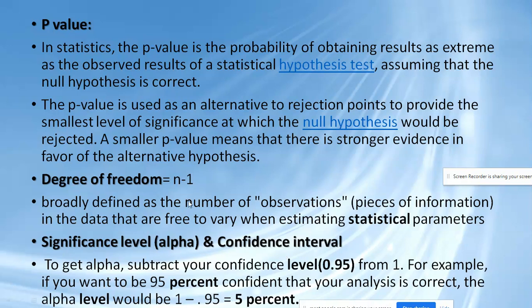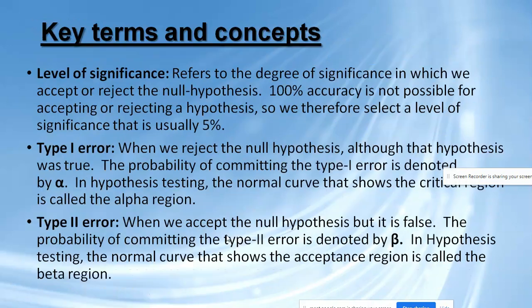See, all these terms that I am explaining are important in order to understand the result of the hypothesis test. Okay, so these are a few terms and concepts related to hypothesis testing. The first is level of significance.